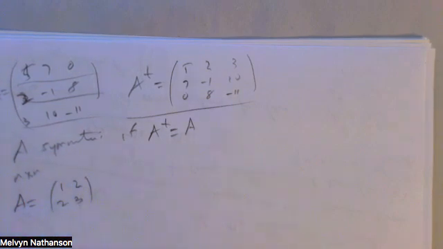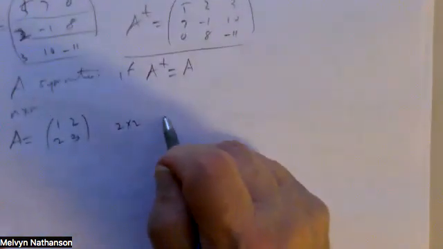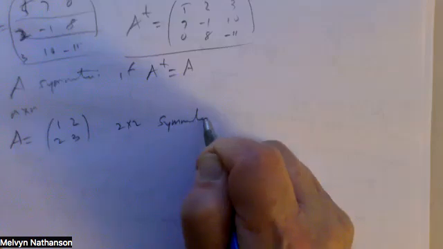This is symmetric. The first row equals the first column. The second row equals the second column. This is 2 by 2, symmetric.